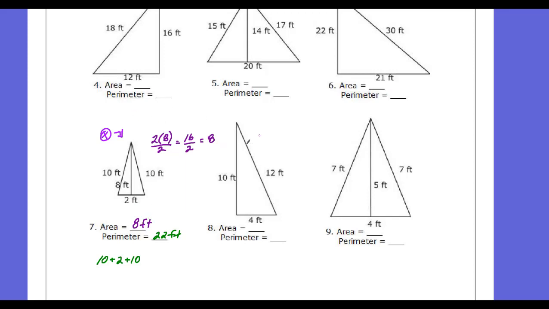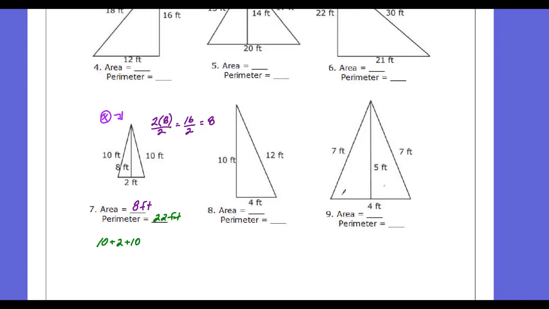Now you might look at that and think, well, wait a minute, the height itself was 8. Let me show you a different way to think about writing this. So down in your spiral, write this. Area of triangle.